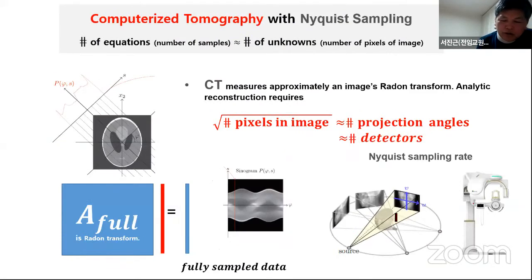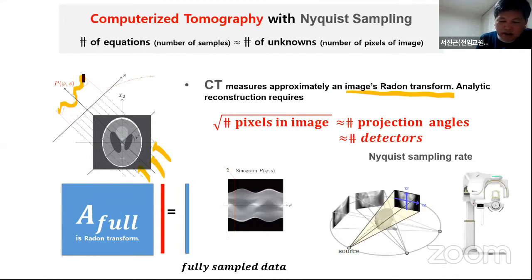Computerized tomography with Nyquist sampling is like this. CT measures approximately the Radon transform of the image. The X-ray beam is shooting in this direction, and this is the Radon transform of the image.